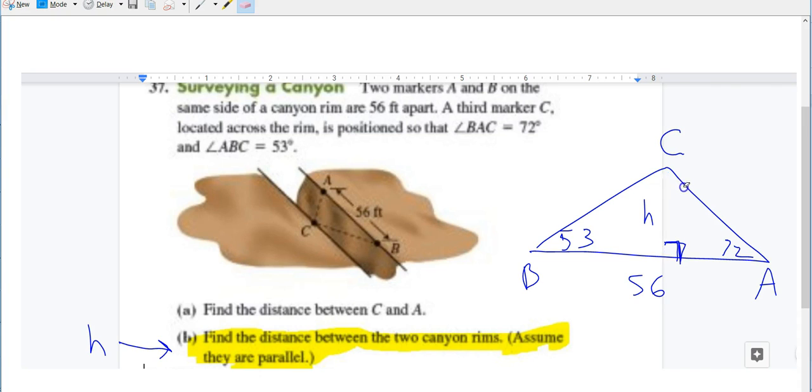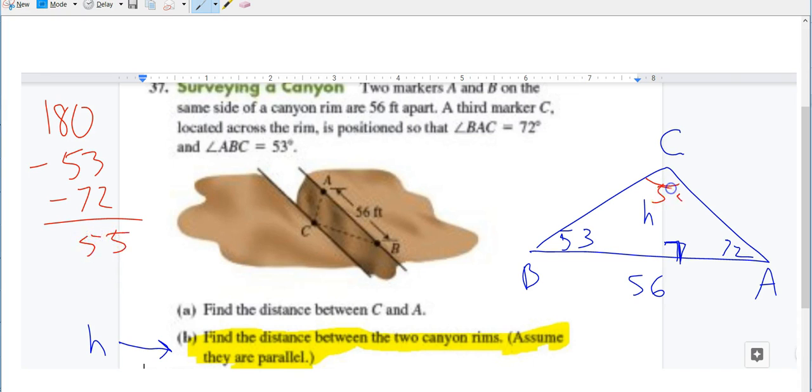Do you know the angle at the top? Let's see. Figure it out. 180 minus 53 minus 72. What do you got? 55 degrees?